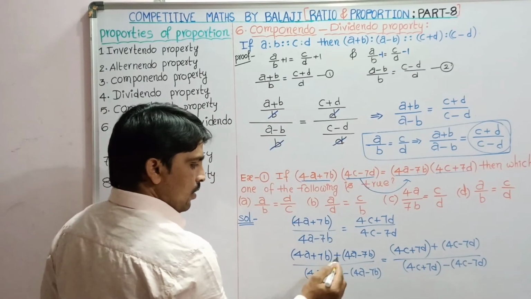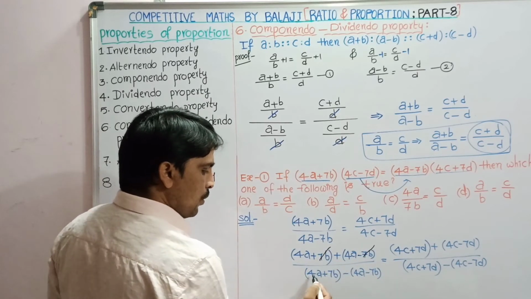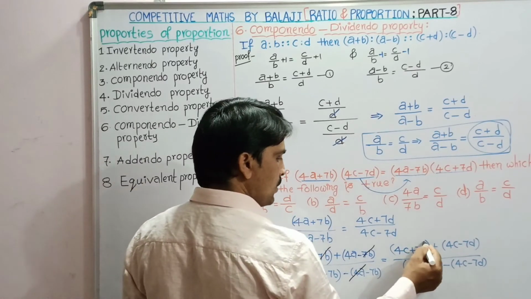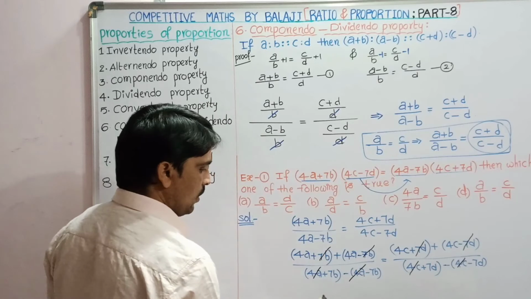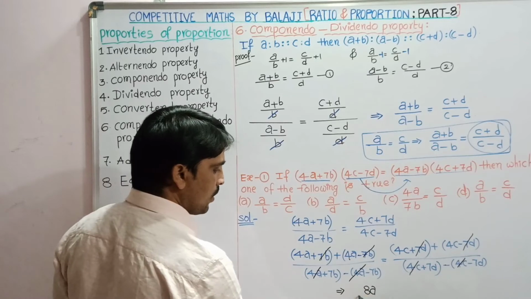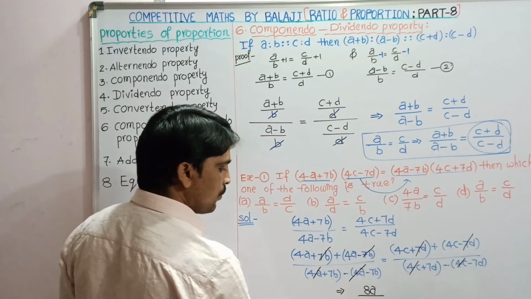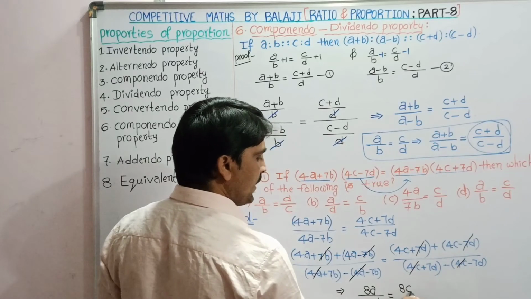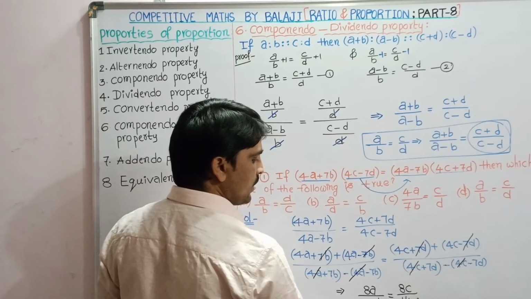See, minus 7b plus 7b cancel. Now see here, minus 4a plus 4a cancel. The same way, plus 7d minus 7d and plus 4c minus 4c get cancelled. Finally, we have in the numerator 4a plus 4a, 8a, by 7b minus of minus, plus 7 plus 7, 14b, equals 4c plus 4c, 8c, by 7d minus of minus, 7 plus 7, 14d.